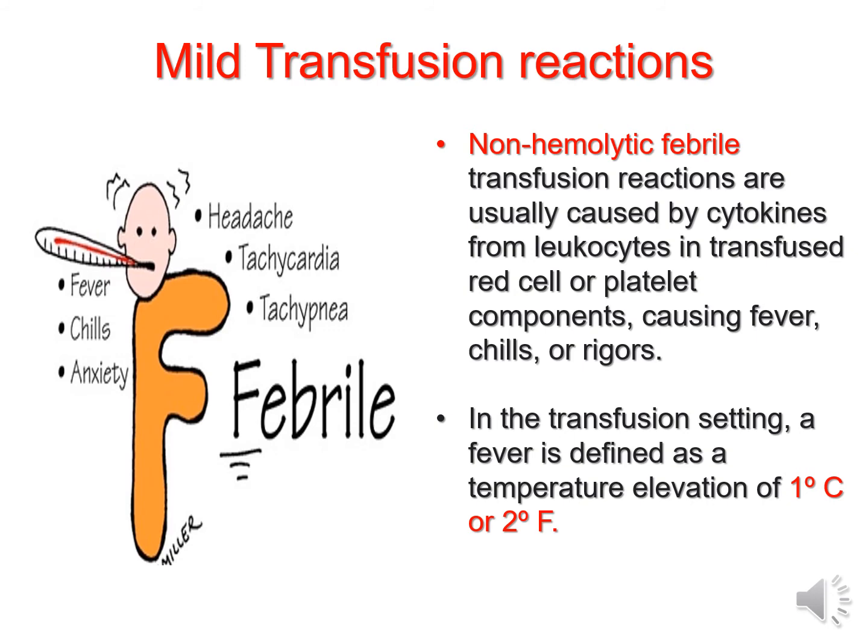And typically they're caused by cytokines which are on leukocytes. A febrile reaction is the most common, and the leukocytes could be in red cells or platelet components, and as I said, can cause fever, chills or rigors. Typically, a fever is defined as being an elevation in temperature of just 1 degree centigrade or 2 degrees Fahrenheit.